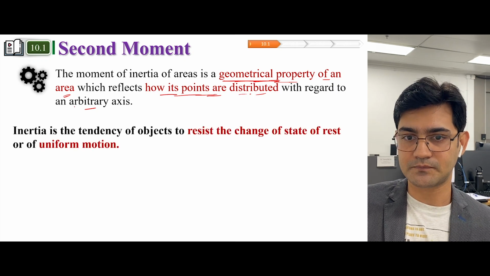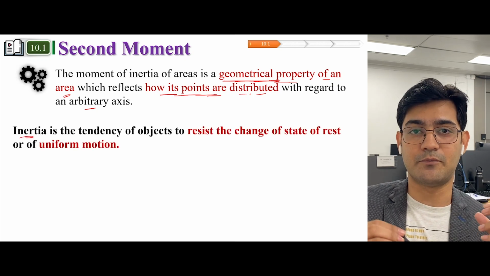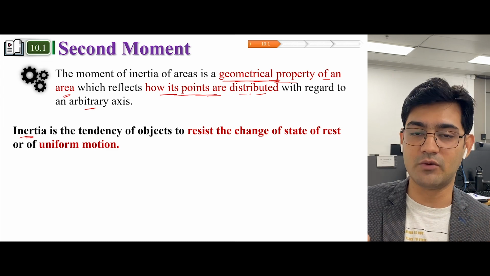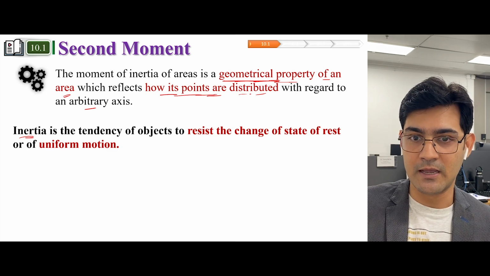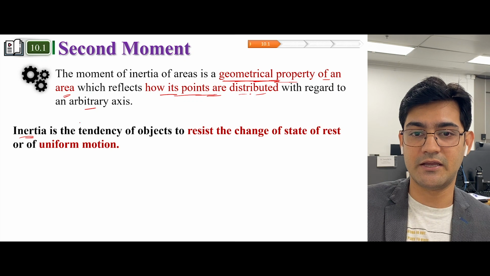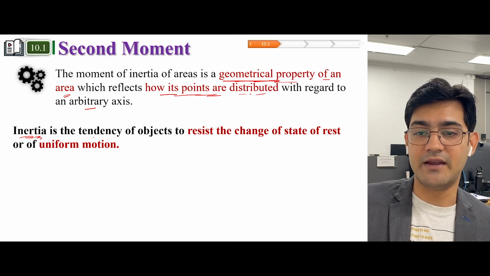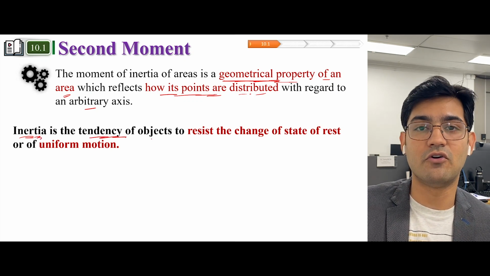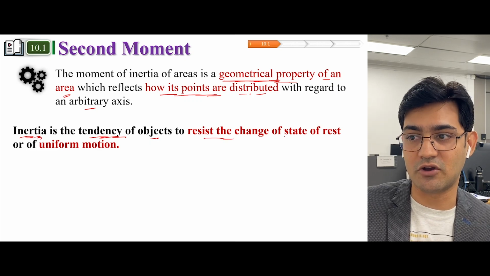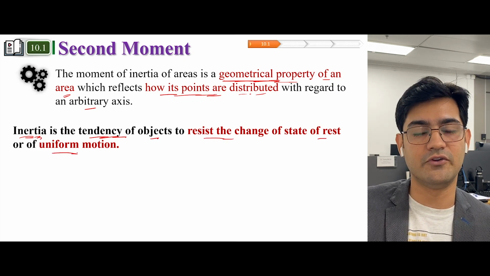So what is inertia? Now, inertia is a property which is utilized frequently when we study dynamics, but for the case here, inertia can be defined as the tendency of objects to resist a change of state of rest or of uniform motion.